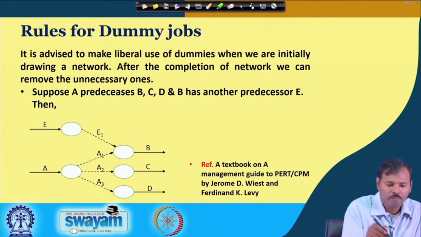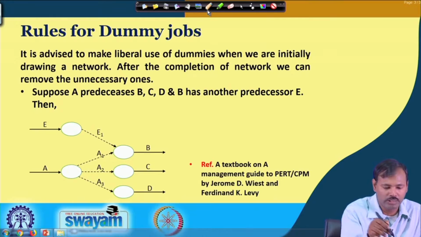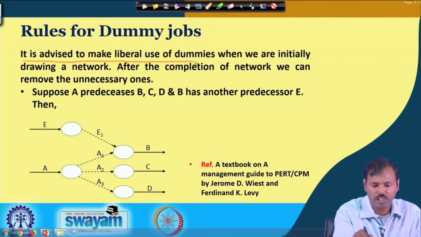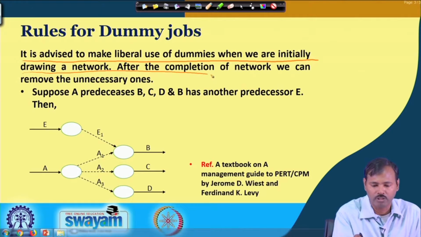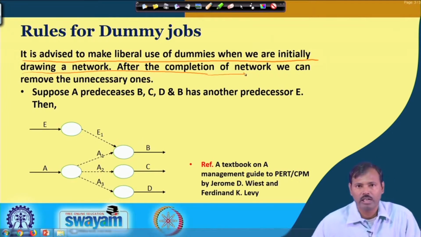The first requirement is that it is advised to make liberal use of dummy jobs when we start constructing the network at the very beginning.